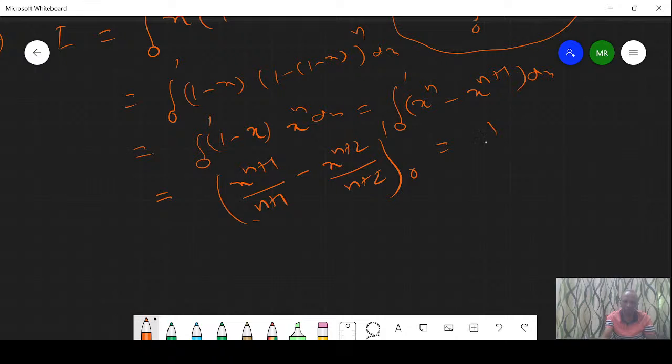Apply the limits and you will get 1 by n plus 1 minus 1 by n plus 2.